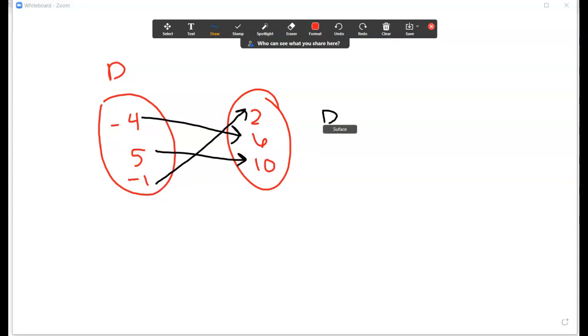What is the domain? What is the range? And is it a function? So that's the type of questions you'll see for domain and range tomorrow.